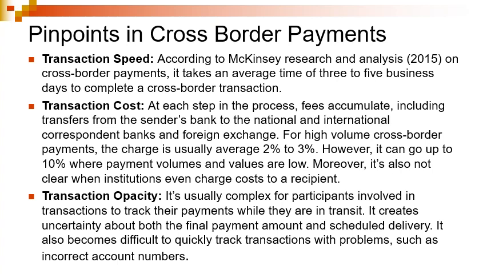This creates uncertainty about both the final payment amount and the scheduled delivery, so we cannot estimate when the payment will be transferred. It also becomes very difficult to quickly track transactions when there are problems or errors, such as incorrect account numbers.